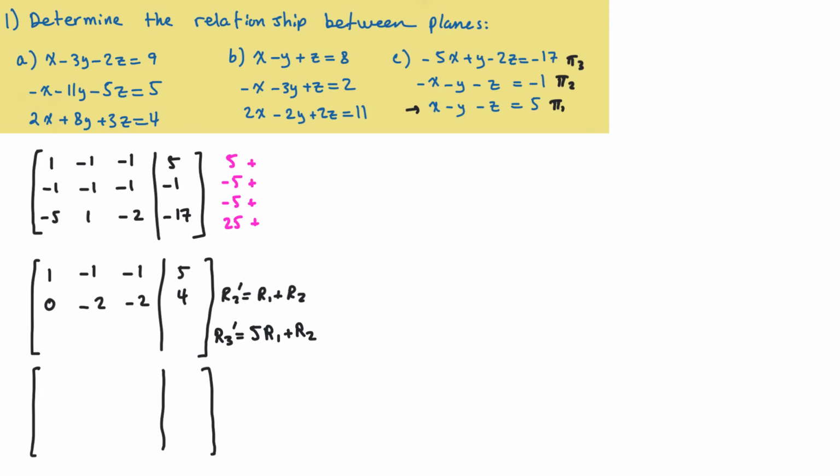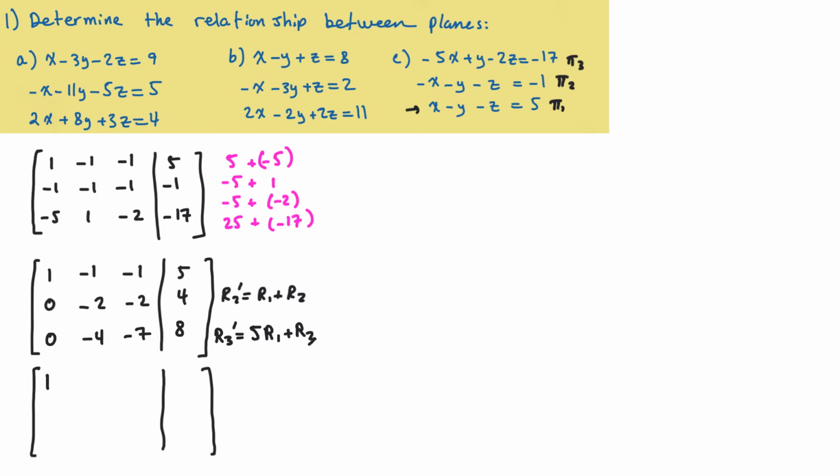And I'm going to add row 3. Row 3 is going to be -5, 1, -2, and -17. Okay, now 5 plus -5 gives me 0, -5 plus 1 gives me -4, -5 plus -2 is -7, and 25 plus -17 is 8.